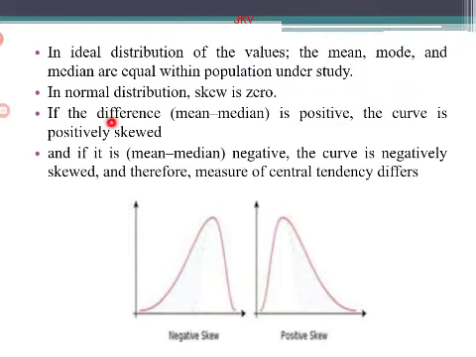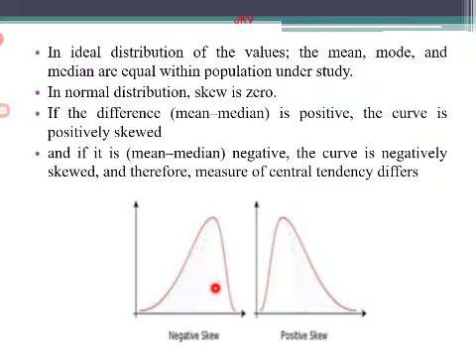Now, if the difference between mean and median is positive, the curve is positively skewed. If you are getting a difference on the positive side, that is, the bell is more here and less here, this kind of graph can be called a positively skewed distribution. Now, if the difference between mean and median is negative, the curve is negatively skewed, and therefore the measures of central tendency differ.